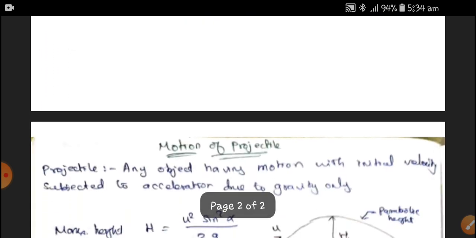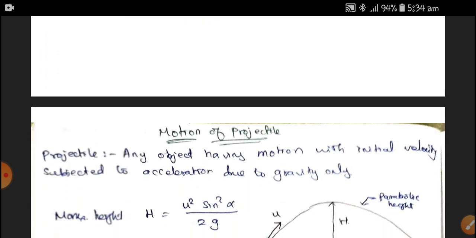First, I would like to give an introduction to the motion of a projectile. Here, in the motion of a projectile, the height, range, and time are important parameters. A projectile motion is defined as any object having a motion with initial velocity subjected to acceleration due to gravity only.